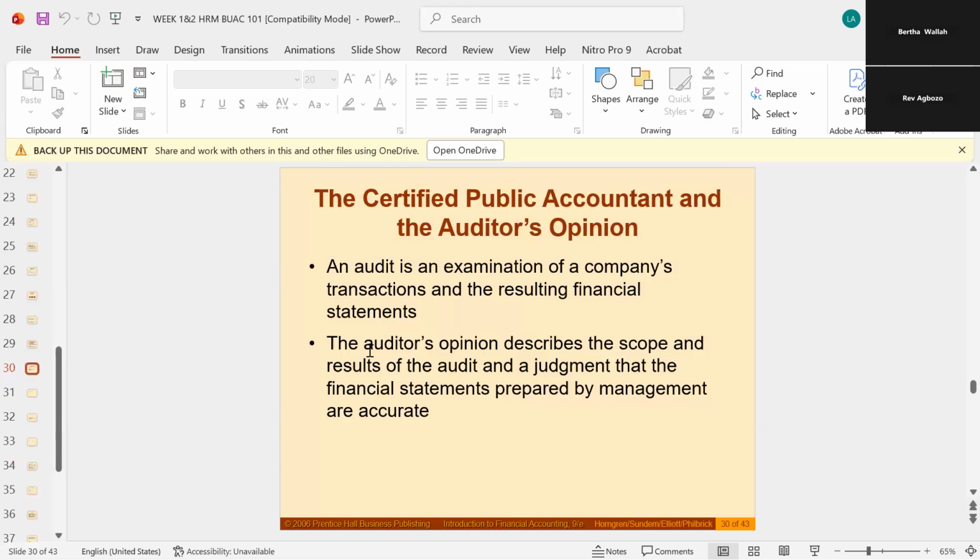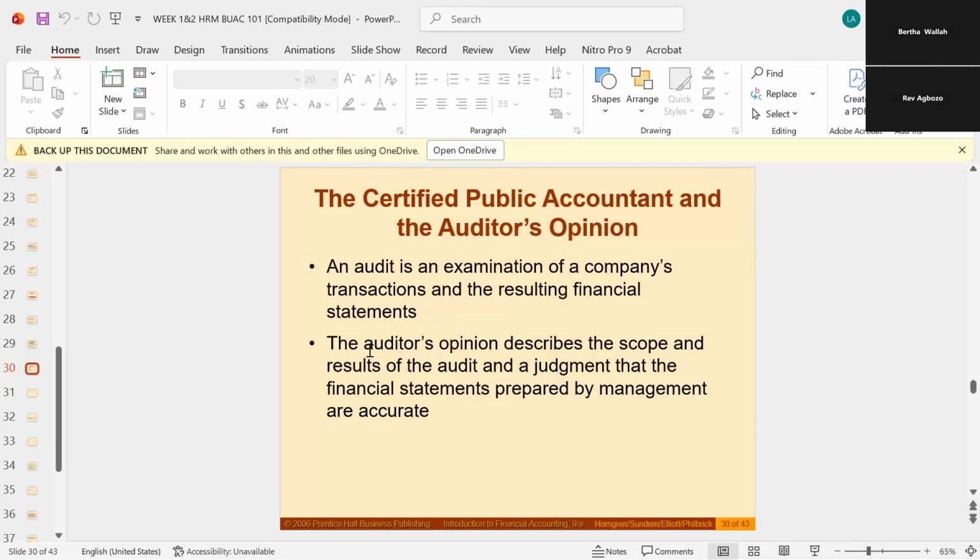Then after an account is prepared by the management, there is a need for a group of people to investigate the figures they are reporting to the owners. Those people come to authenticate whatever management has presented in the form of account to the owners of the business, and they are called auditors.